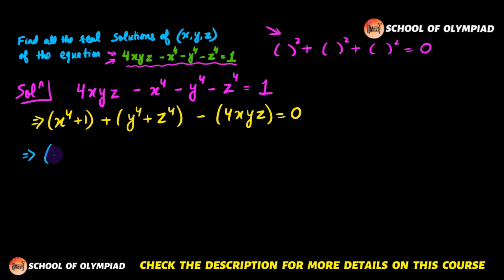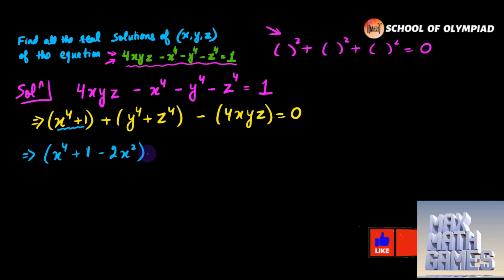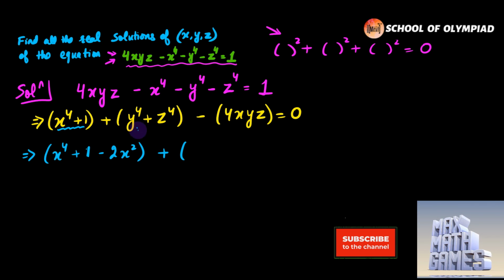So now let us try to make this quantity a perfect square, and for that we are going to subtract the quantity minus 2x square, and then again let us try to make this quantity a perfect square.